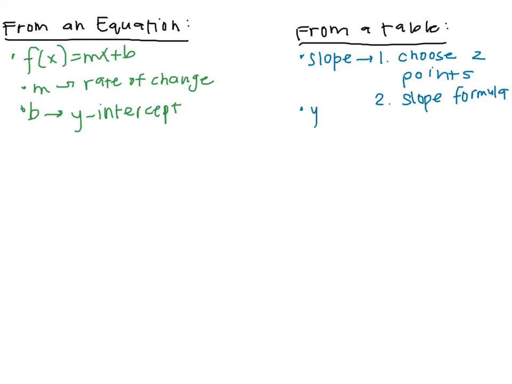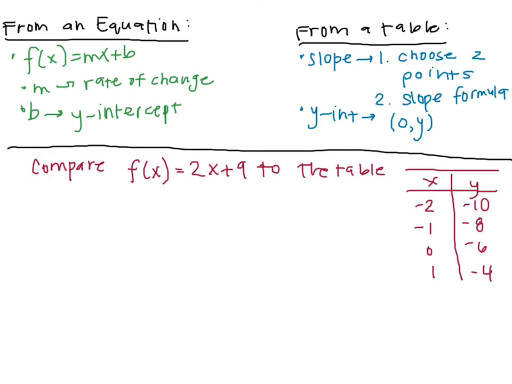For the y-intercept, all I have to do is look at the table and figure out what point has an x value of 0, and then whatever the y value is what I list. So let's take these two ideas and compare the function f(x) = 2x + 9 to the table that is listed on the side.